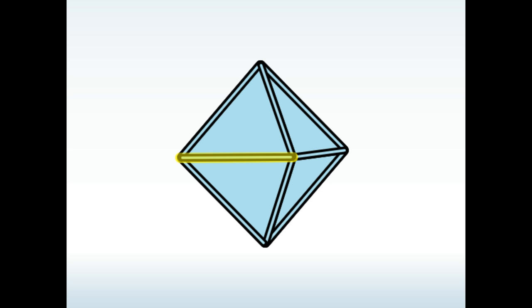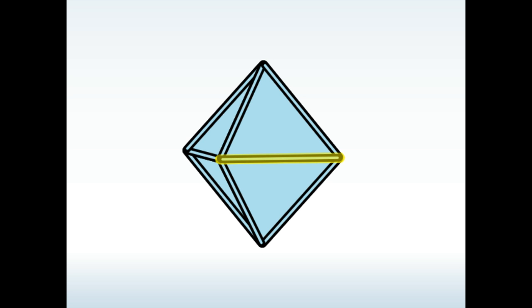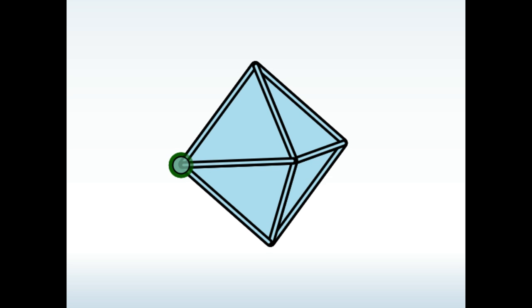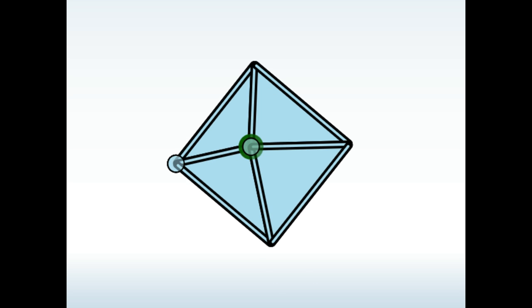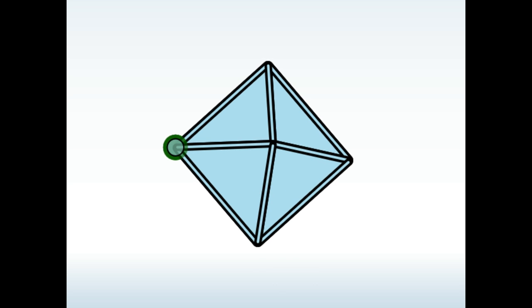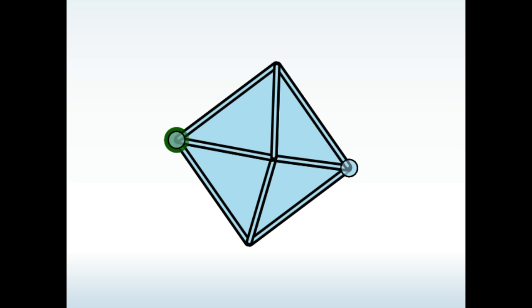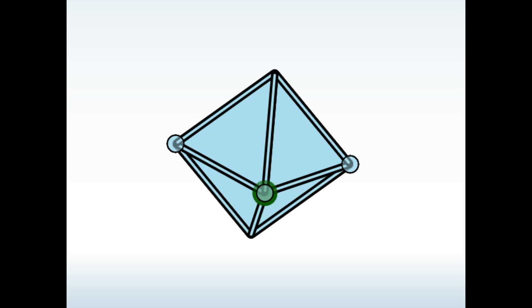Now let's count the vertices. This time I'm going to go around this middle part. So we have 1 vertex, 2, 3, 4 vertices around the middle part.